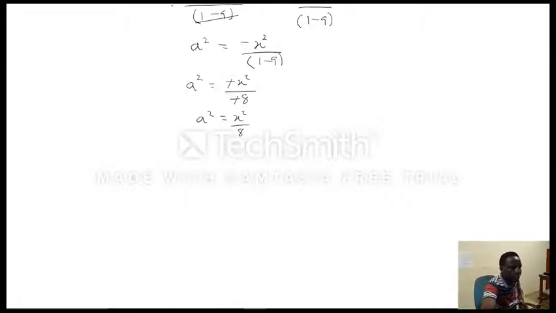We are not yet done because we are asked to make a the subject of the formula and not a squared. So for us to make a the subject of the formula, we are going to find the square root of both sides.